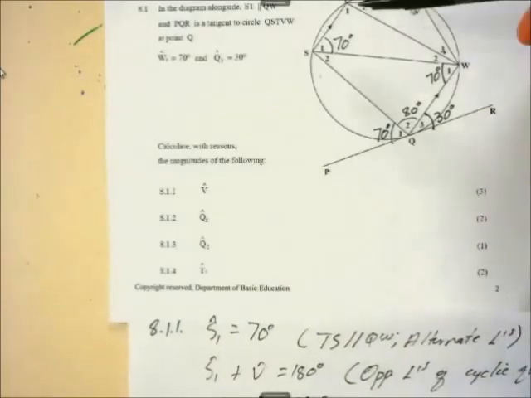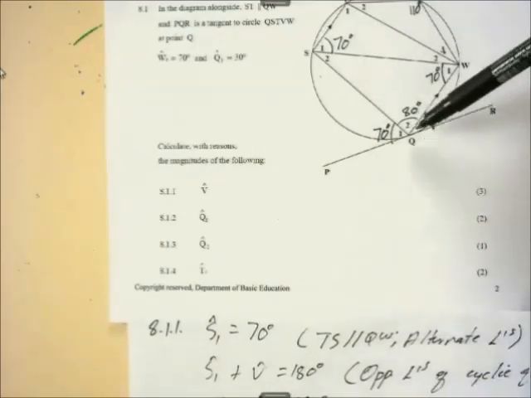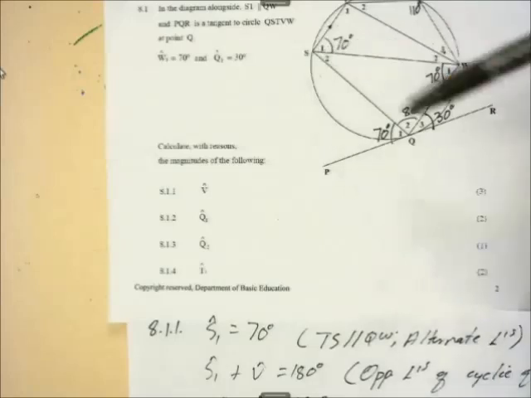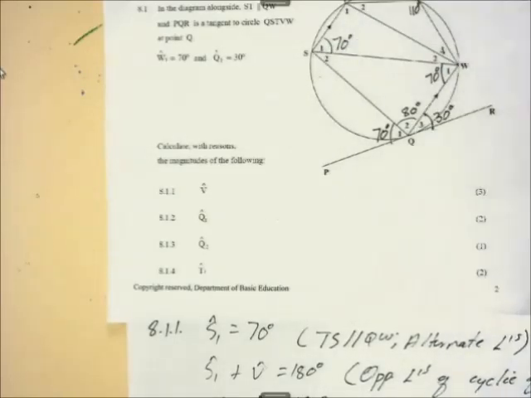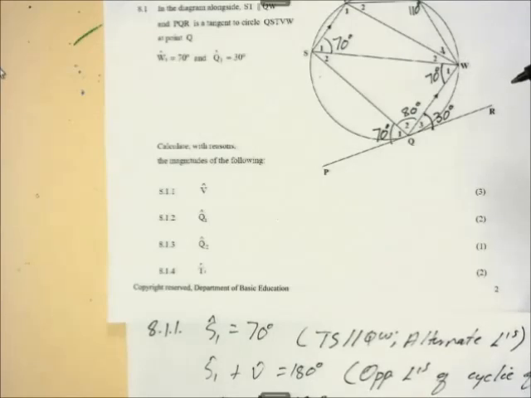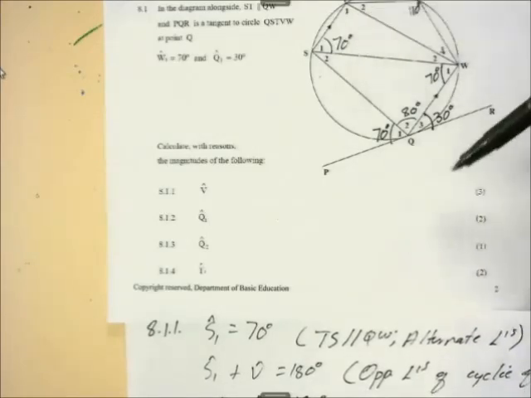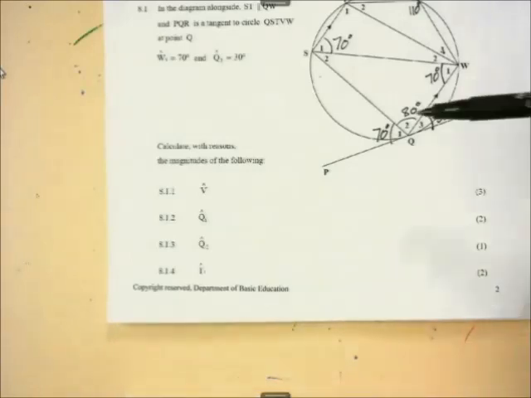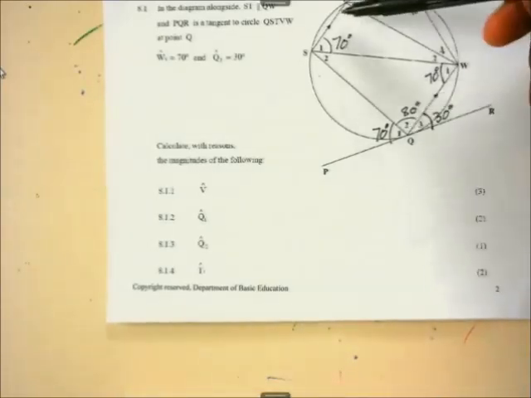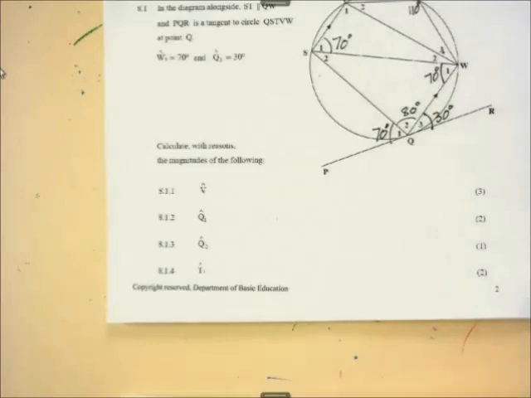So immediately T1 and Q2 relate because TSQW is a cyclic quad. As a result, the opposite angles are supplementary. Then it means this 80 degrees plus T1 should give us 180 degrees. Those are the opposite angles of a cyclic quad.